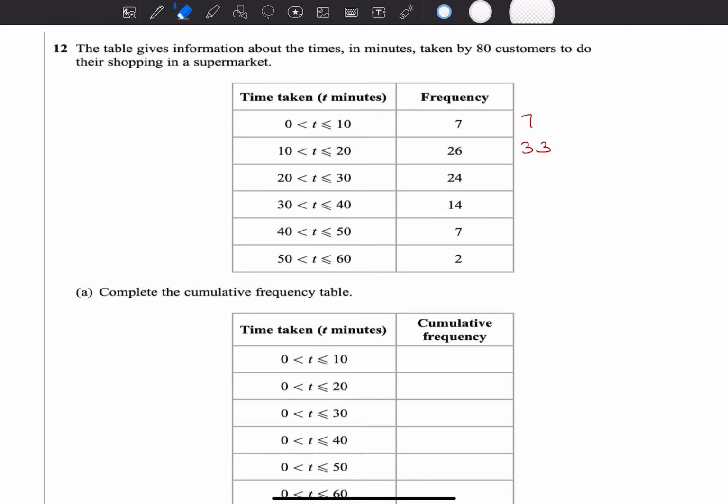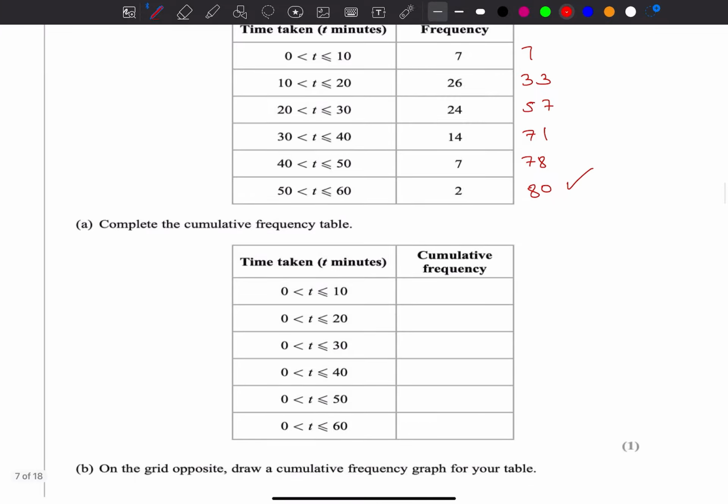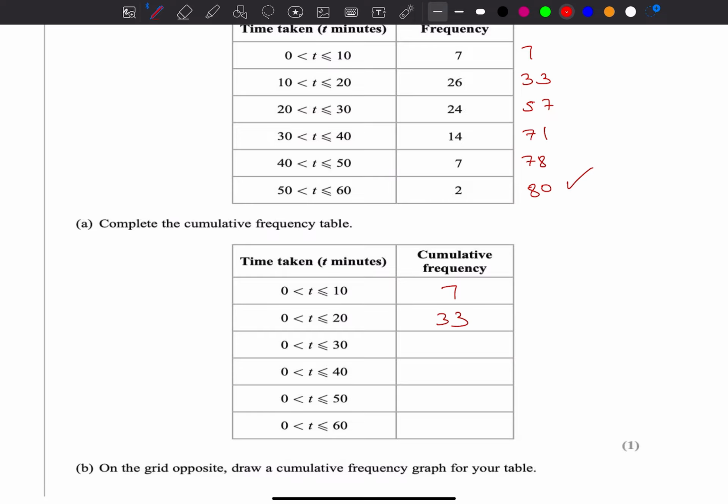Come on. 33, 57, sorry. 67, 71, 78, 80. Always make sure this is your total, and is it 80? Yes. So 7, 33, 57, 71, 78, and then just 80.